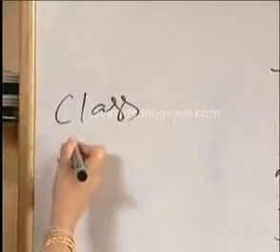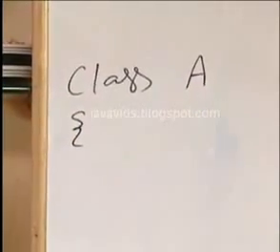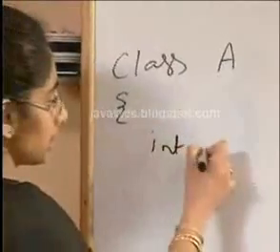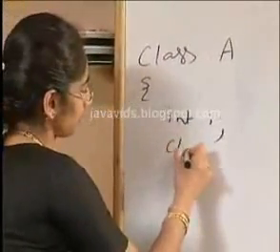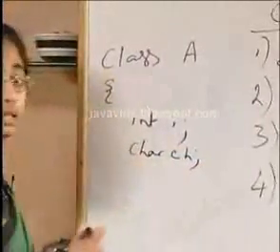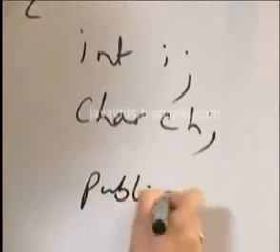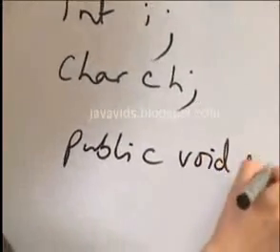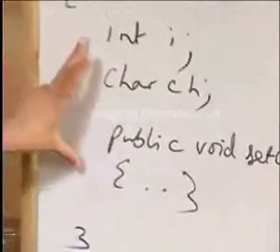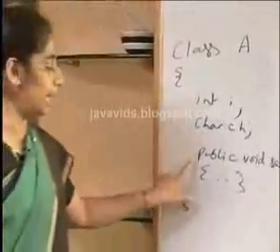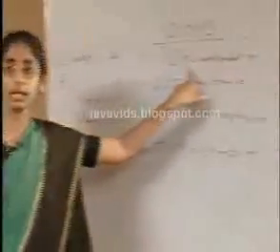You write the keyword class followed by the class name, and inside this class you will specify the variables, that is the attributes, and the characteristics, those are the methods. So when you put together the variables and the methods inside a single unit called a class, it's called encapsulation.